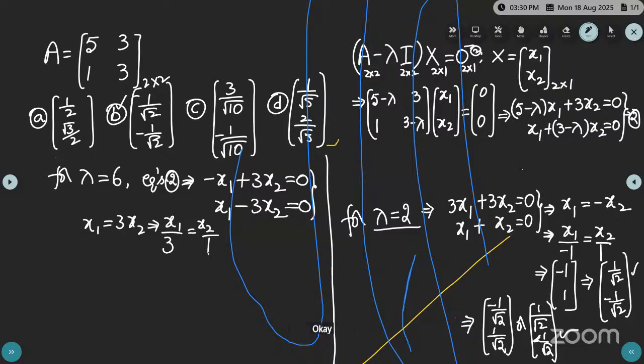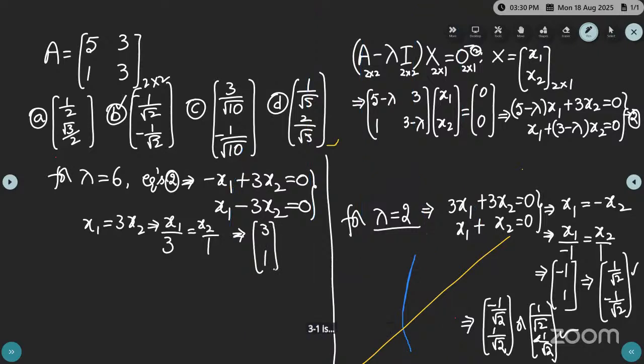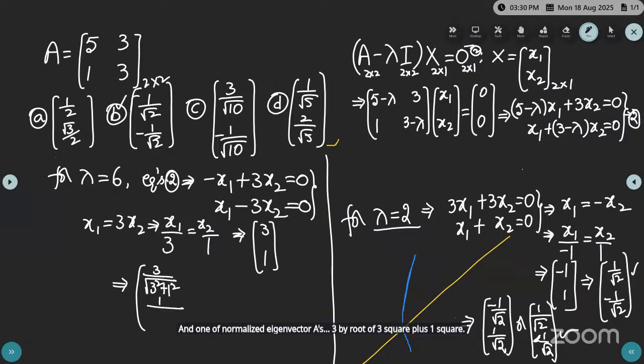Okay. So what you are getting now? 3, 1 is one of the eigenvectors. And what is the normalized eigenvector? One of the normalized eigenvectors is 3 by root of 3 square plus 1 square, 1 by root of 3 square plus 1 square.